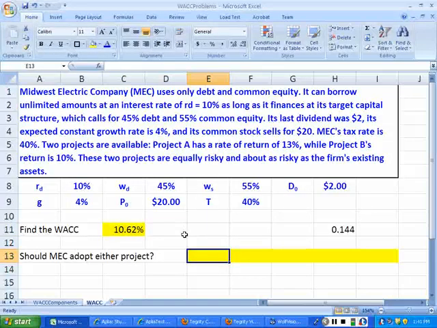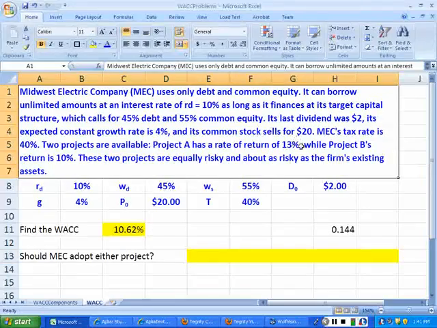Now, on the second part of the problem, where it says, should we adopt either project, the whole point in referencing this as a cost or a weighted average cost is to say, this is what it's going to cost from all of our sources to acquire our funds. So we must be able to get at least 10.62% from a project to justify it.